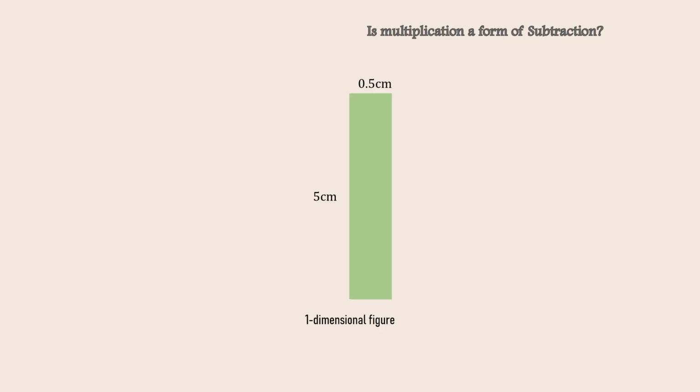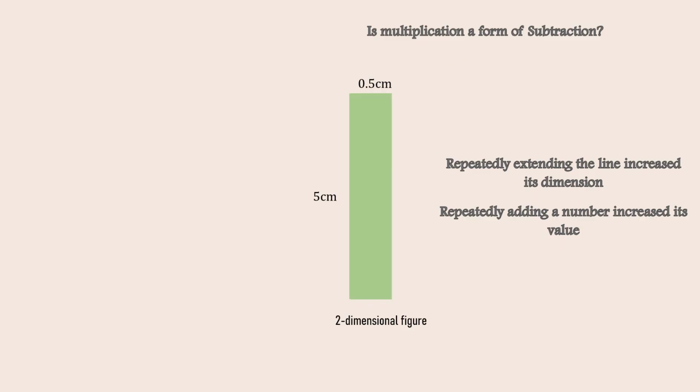And this repeated extension increases its dimension from a one-dimensional figure to a two-dimensional figure. Does this not sound similar to repeatedly adding a number, thereby increasing its value? Well, what we just saw was that the transformation of a one-dimensional figure to a two-dimensional figure replicated the process of multiplication.